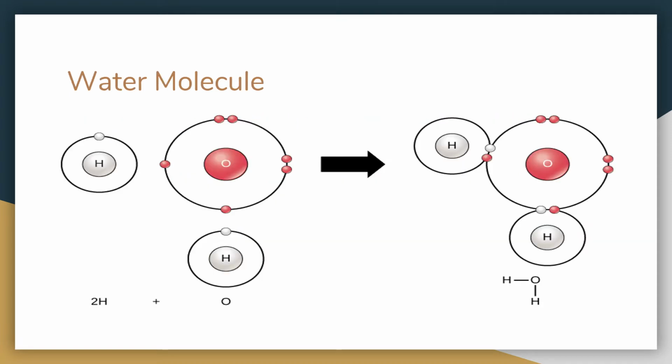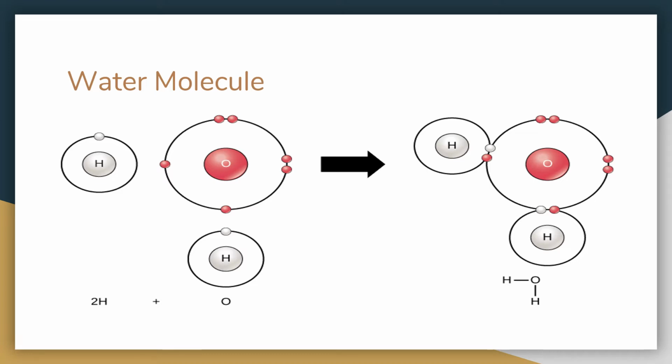So when we look at hydrogen and oxygen here, we're looking at 2 hydrogen atoms on the left side, not attached yet to the oxygen, and then they join, they share, they help fill the oxygen's outermost shell.